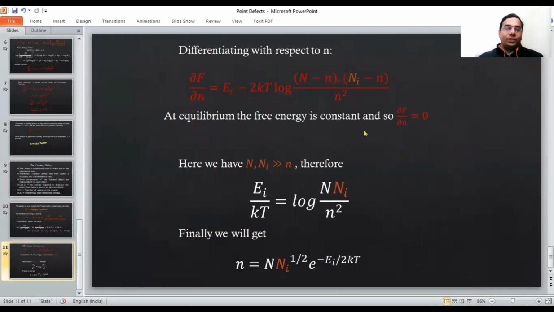Now again differentiating this equation, we will get ∂F/∂n is equal to Ei minus kT times 2 log n minus log (N minus n) (Ni minus n) divided by n squared.